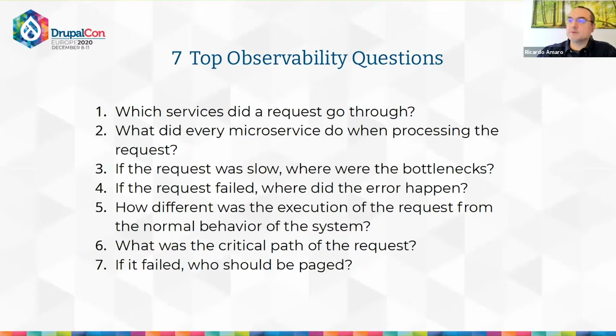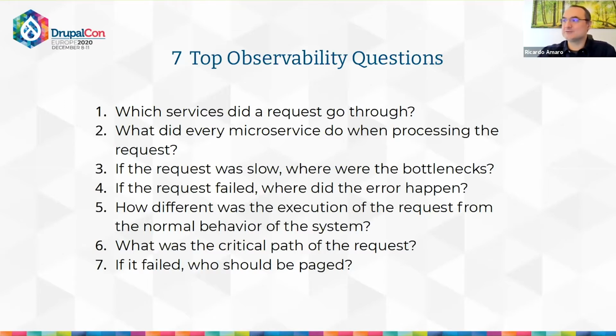We need observability tools that tell us the story about what happened to a request by answering which services the request went through, what every microservice did meanwhile, what the bottlenecks were, what errors happened, how different the execution of that request was, what the critical path of that request was, and perhaps most importantly, who actually should be paged, right?